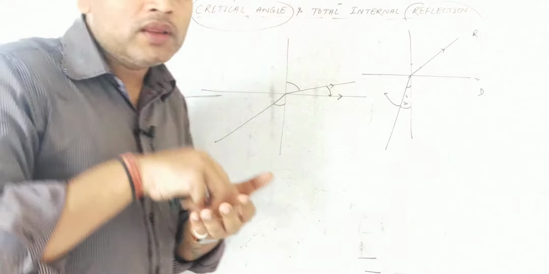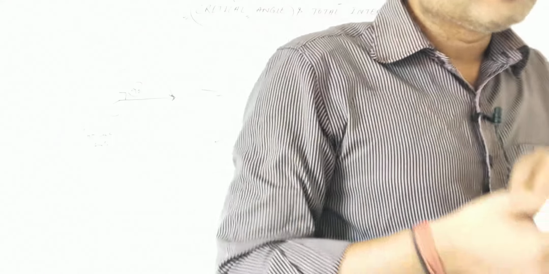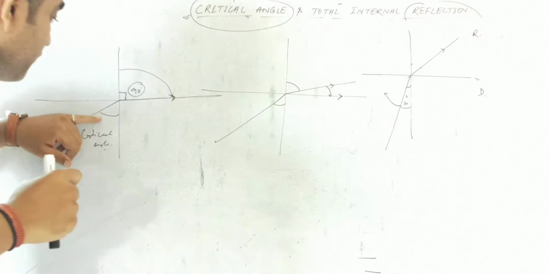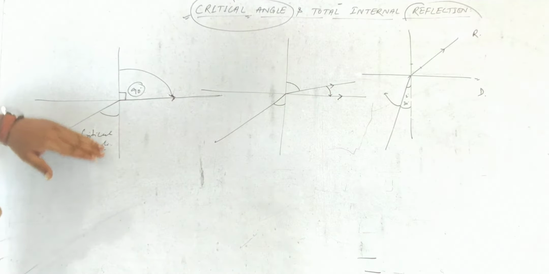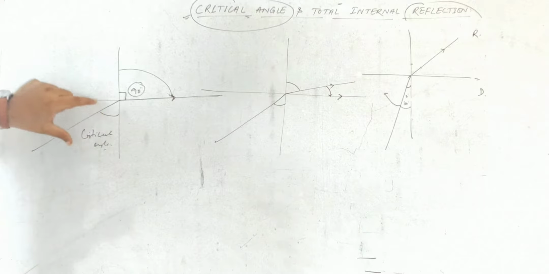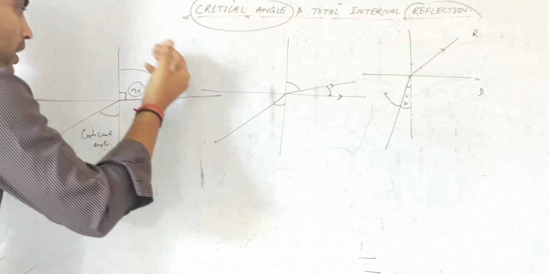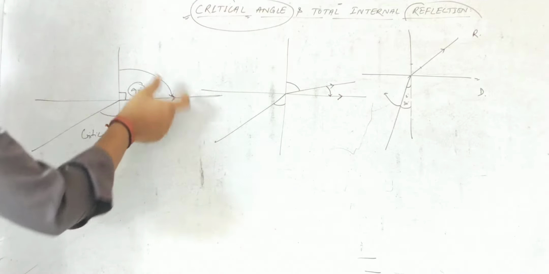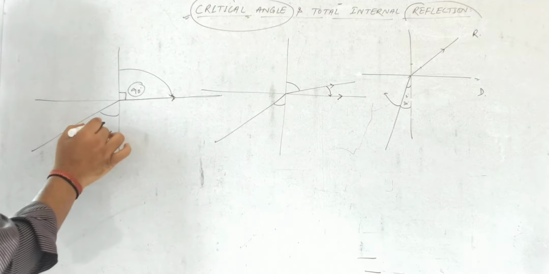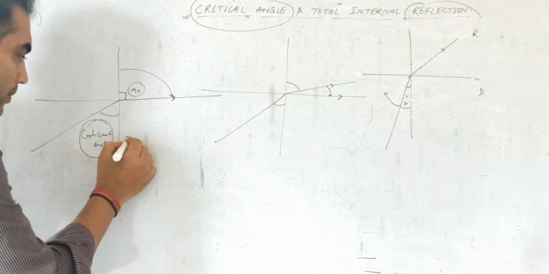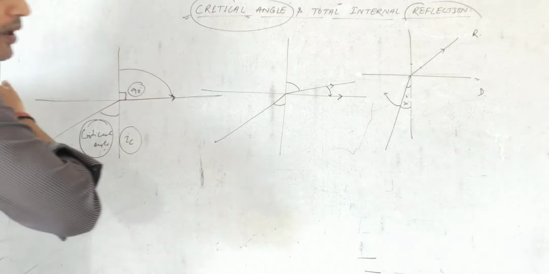And one thing to keep in mind is that the light should travel from the denser medium. So a particular value of the angle of incidence in the denser medium, for which the angle of refraction in the rarer medium is 90 degrees, is said to be the critical angle. It is represented as iC, the critical angle.